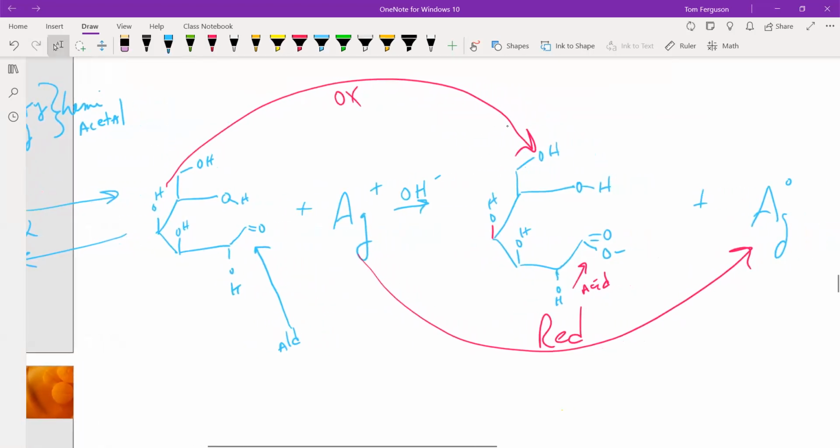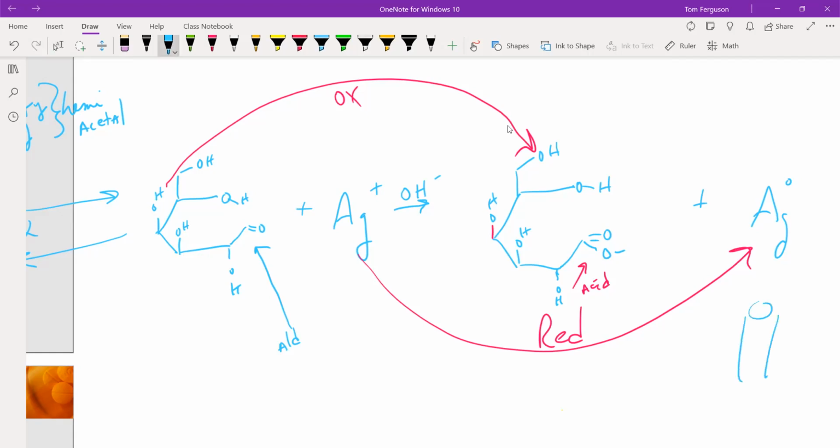I haven't looked at the carbohydrate wet lab real closely, but this reaction frequently is done, as well as the Benedict's. This takes a while. The Benedict's is almost instantaneous. Benedict's happens within seconds. This takes minutes. And it's kind of cool.